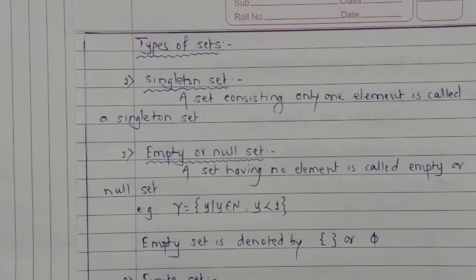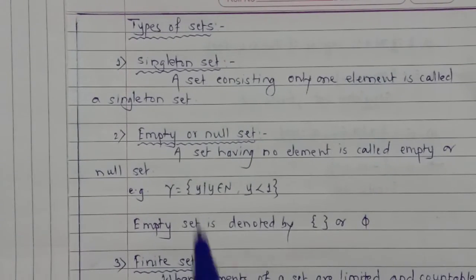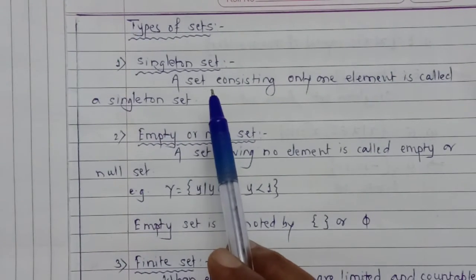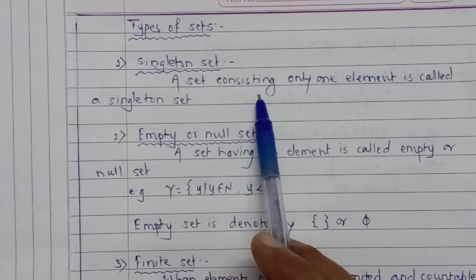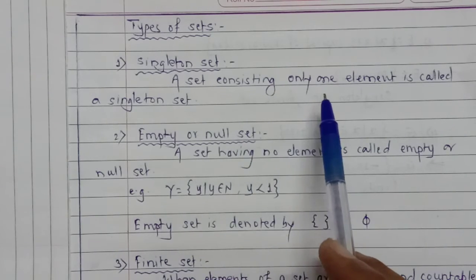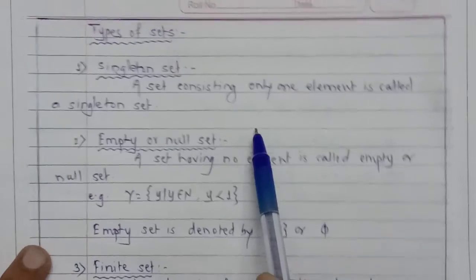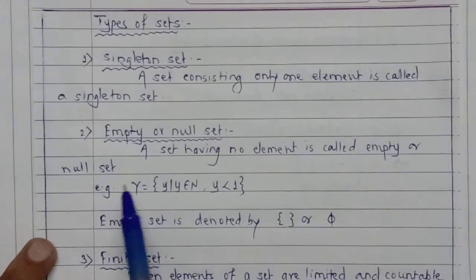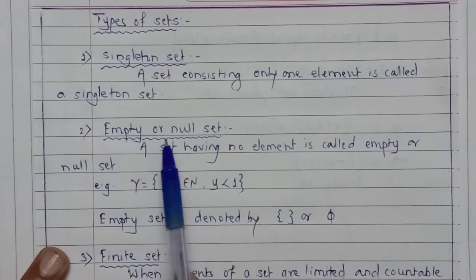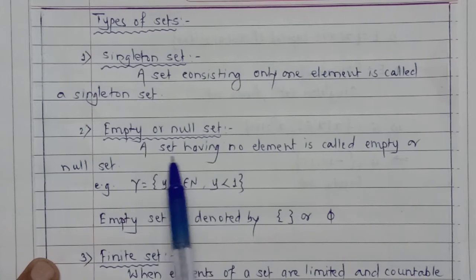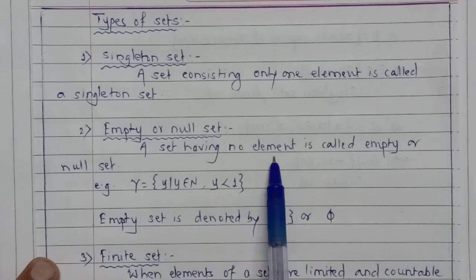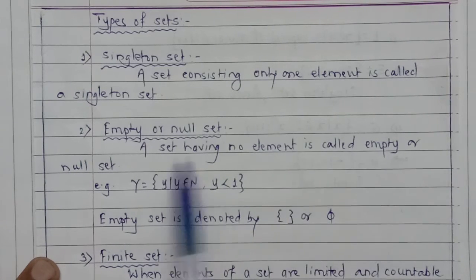Next point is types of sets. First is the singleton set. A set consisting of only one element is called a singleton set. Second type is the empty or null set. A set having no element is called an empty or null set.